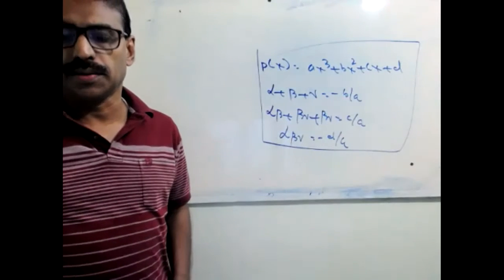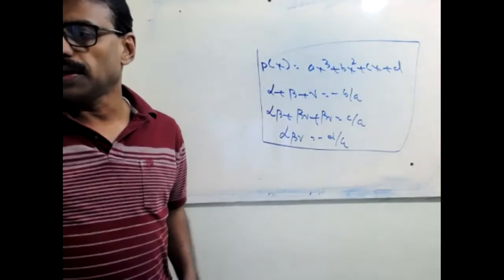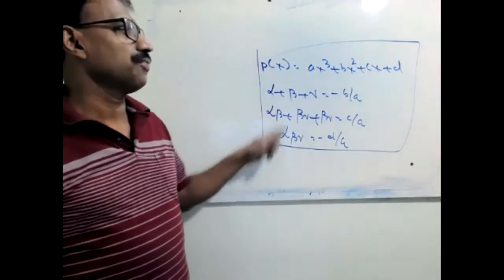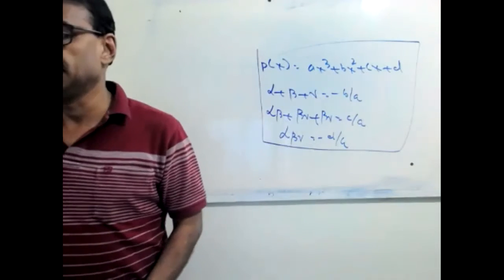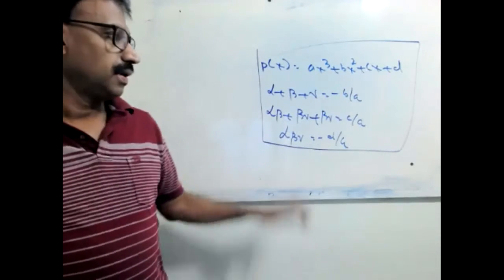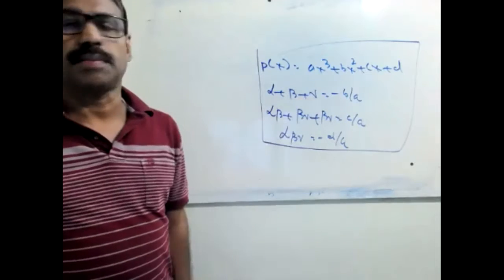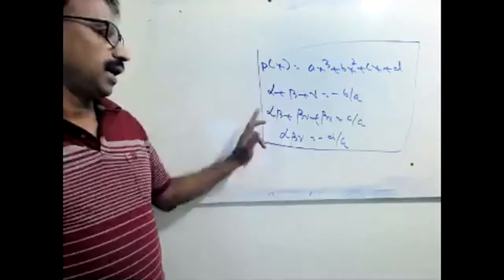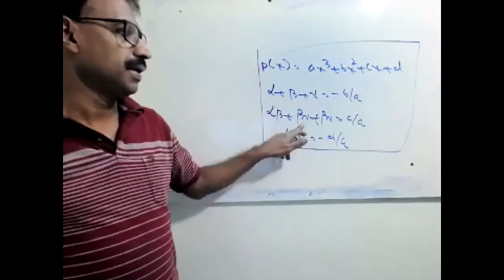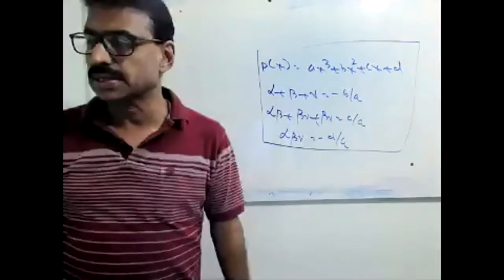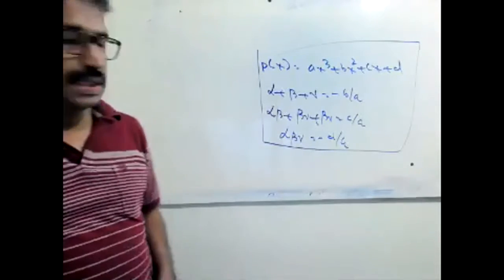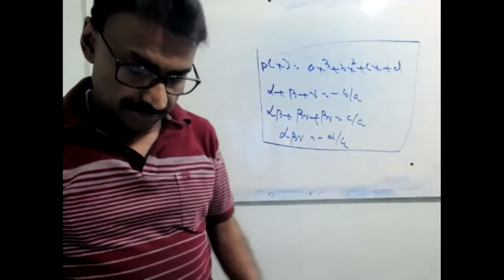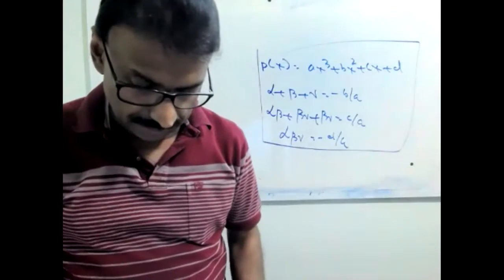Alpha, beta, gamma are the zeros of ax cube plus bx square plus cx plus d. Then alpha plus beta plus gamma equals minus b by a. Alpha beta plus beta gamma plus gamma alpha equals c by a. Then alpha beta gamma equals minus d by a.